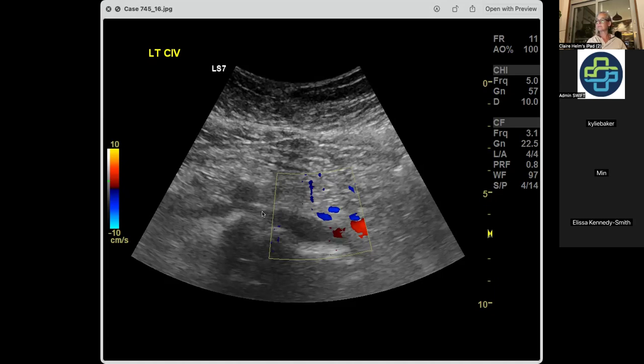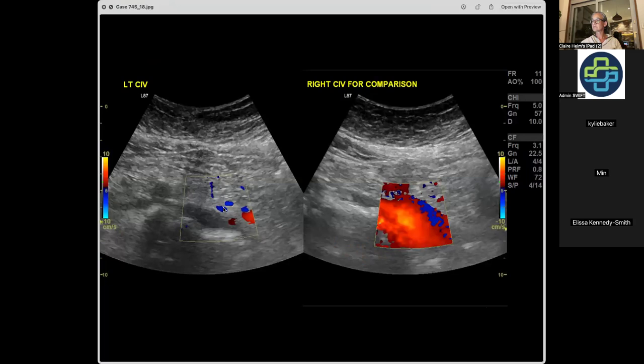So we thought it had started in the leg, broken off, and was currently just lodged in the iliacs. And she got anticoagulated for that, obviously. Okay. So that is very uncommon.